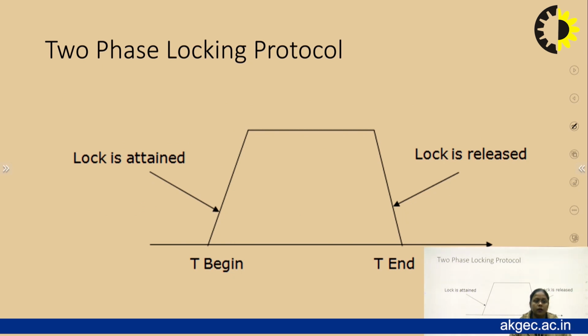Now you can see with the help of this example, we can understand it. This is the transaction begin and this is the growing phase, where the transaction is going to lock the particular data items.